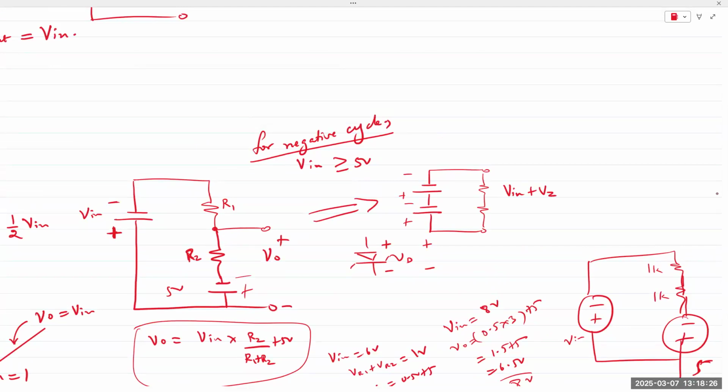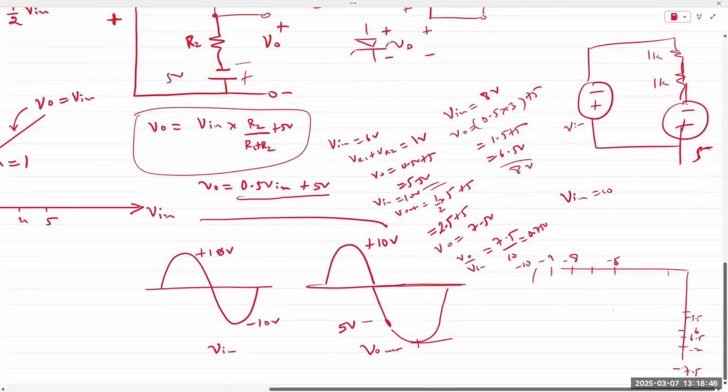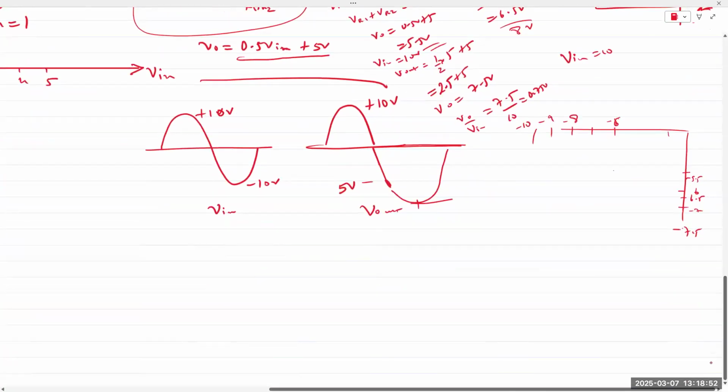So then 11 volts is applied to the series combination. The resistor values are equal. What is the voltage drop across R2? 5.5, right? 5.5. So voltage drop across R2, and this is going to get messy. This is like scratch work. V in is equal to 6 volts.